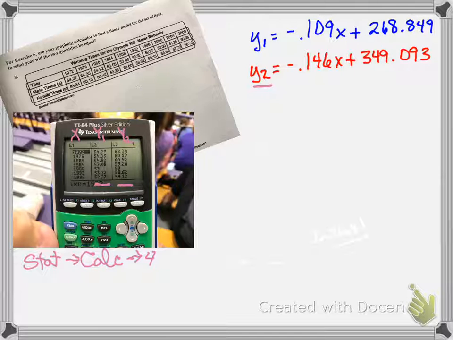Now that I have my equations, I can go ahead. I want to graph this time, because this one's a pretty big graph. So let's first think about our window settings.